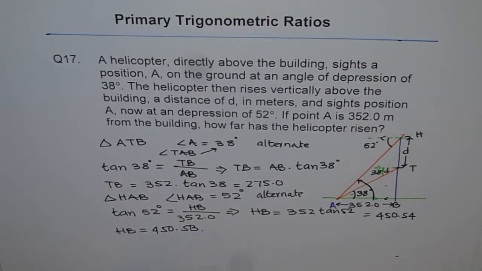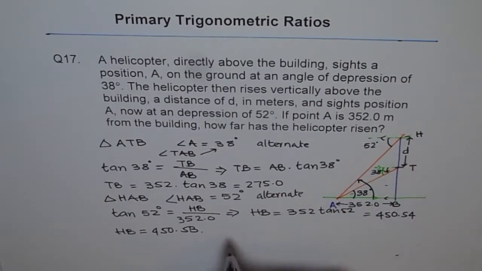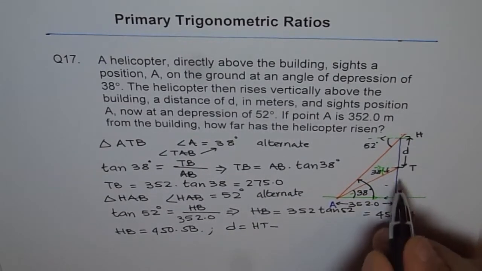Now what is the distance through which the helicopter moved? D is equal to the total height HB minus TB.